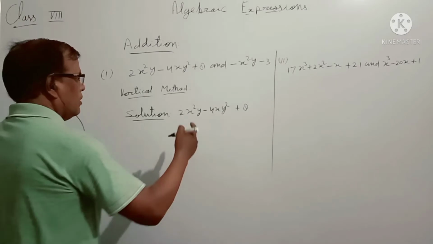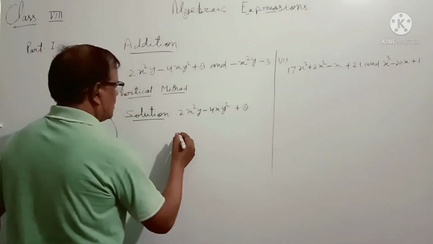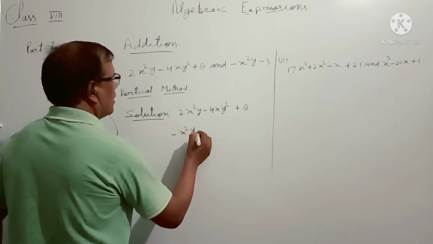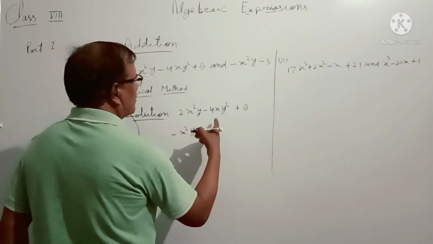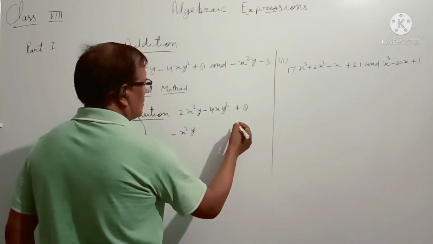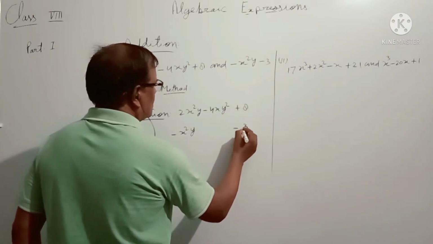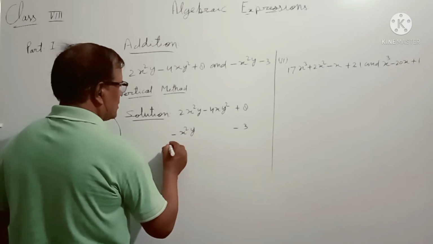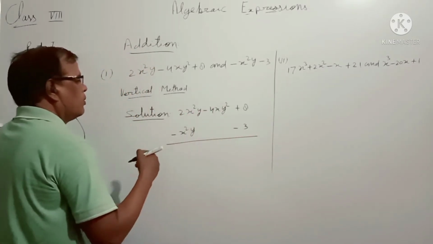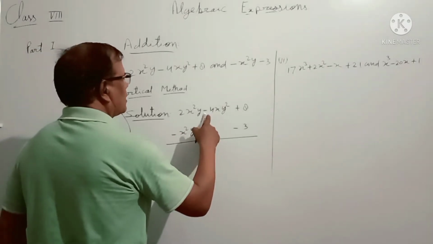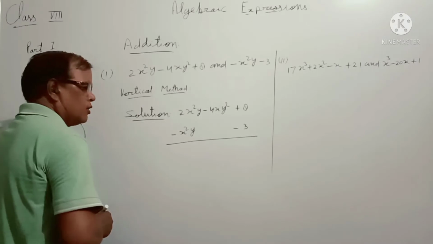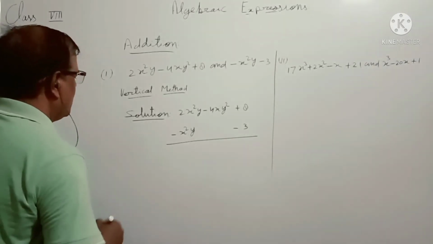So we write it just under the like term, x square y, and the next term is minus 3. So we write because it is a number or constant. So we will write it just under the constant, and other terms are not given, as 4x y square is not here. So we will write this way.